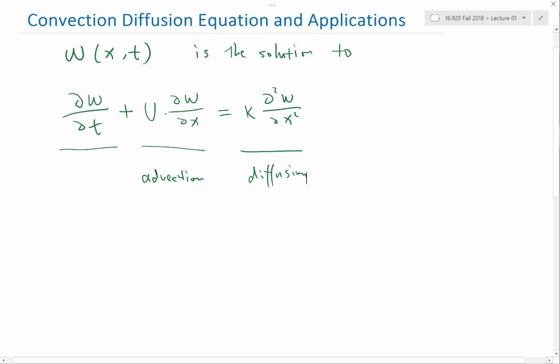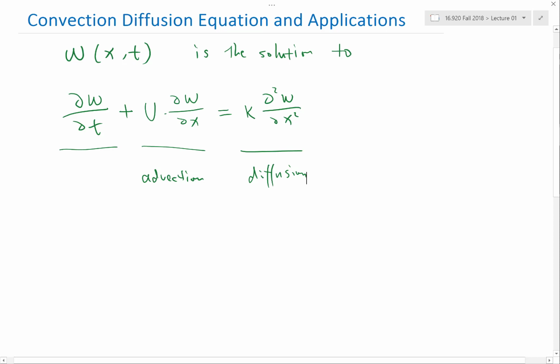As you can see, the flow would carry the temperature distribution in whichever direction it goes, while the temperature gets diffused by molecular action. So that's what happens in fluid mechanics.